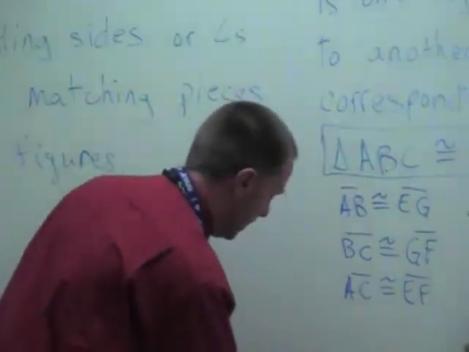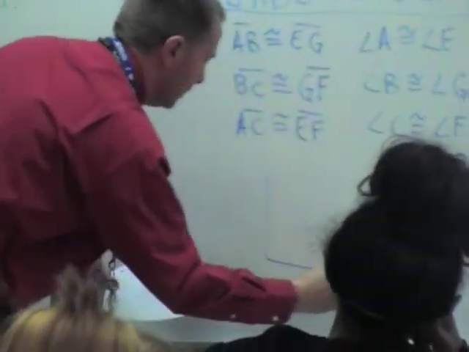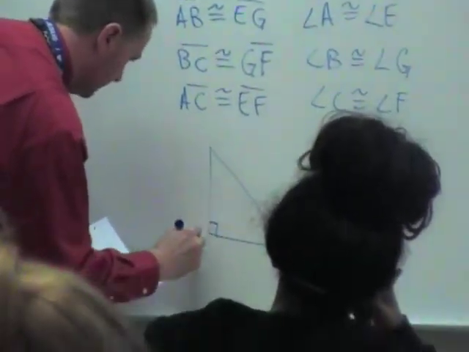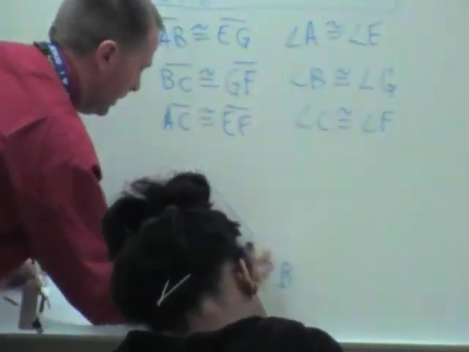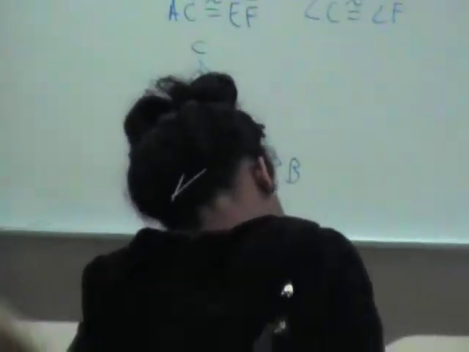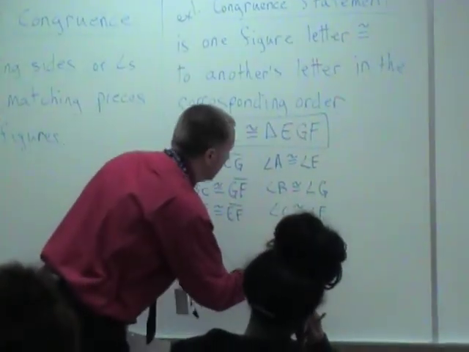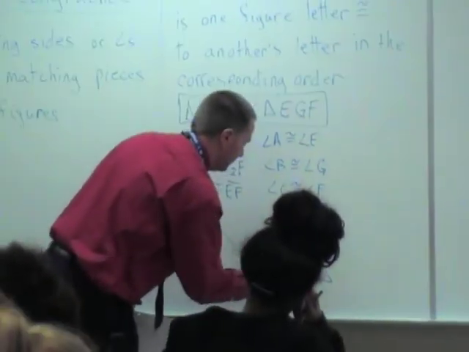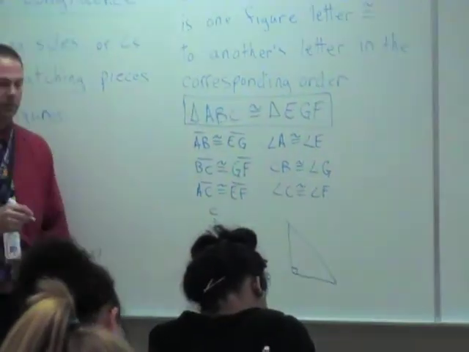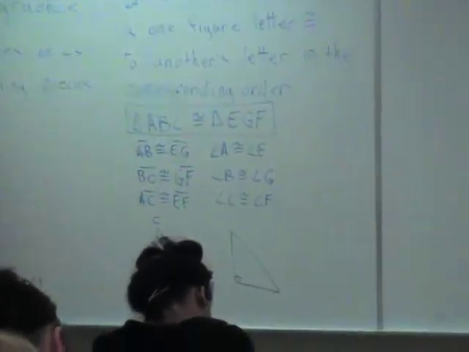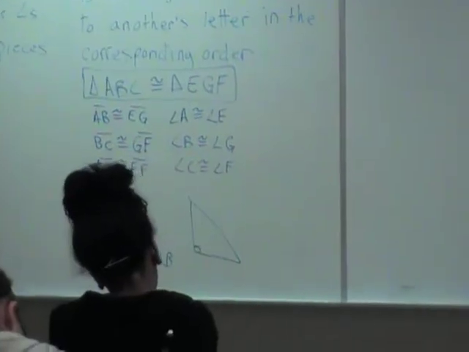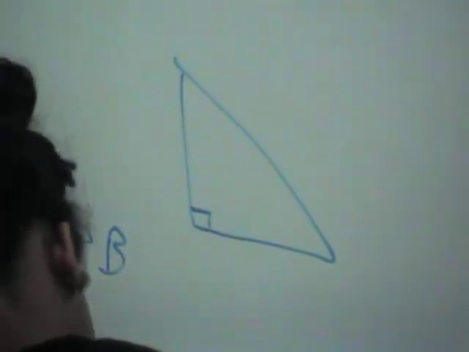All right, so here's an example of the figures. Triangle A, B, C. So then I ought to be able to draw EGF. Congruence means they're the exact same. So where does E go?